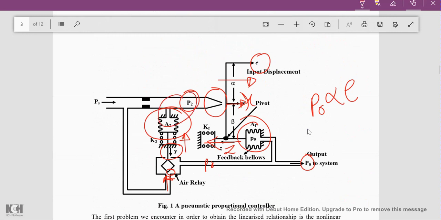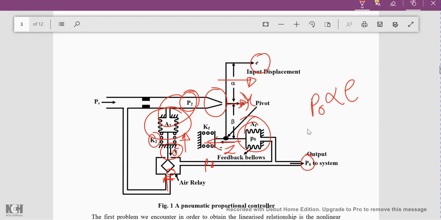Change in the deflection in that bellow, and the applied pressure P2 will cause the expansion in the spring, that is the displacement Y times the spring constant. So we can say that A2 P2 will be equal to K2 Y in case of this particular bellow. Similarly, in case of this bellow here, the same thing is happening.